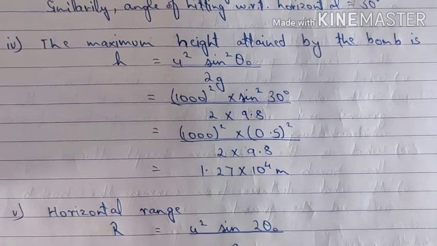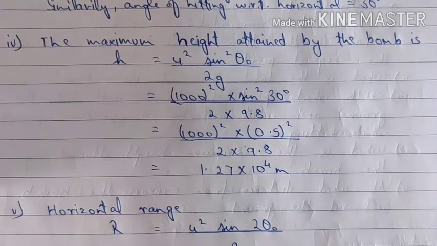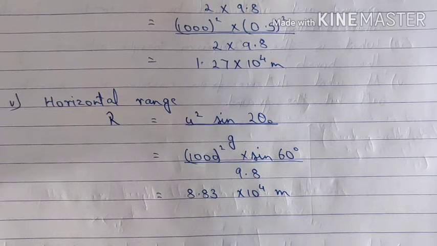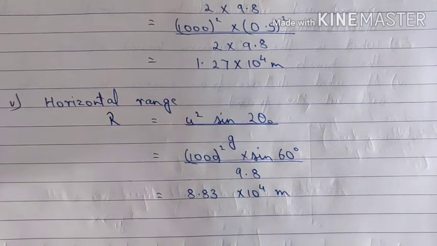Putting the value of u², and because we are talking about sin 2θ, where θ is 30 degrees, it becomes sin 60° / 9.8. Putting all the values and calculating further, we get 8.83 × 10⁴ meters.